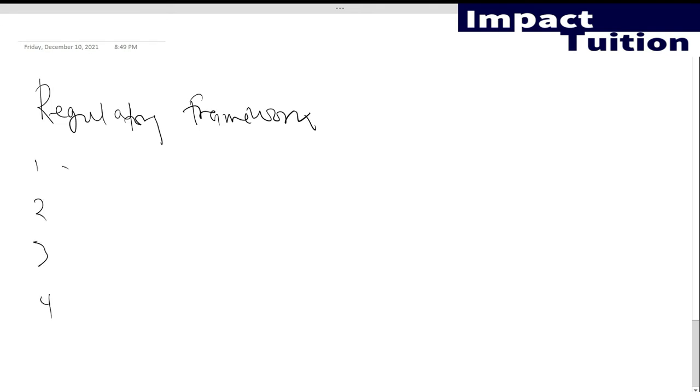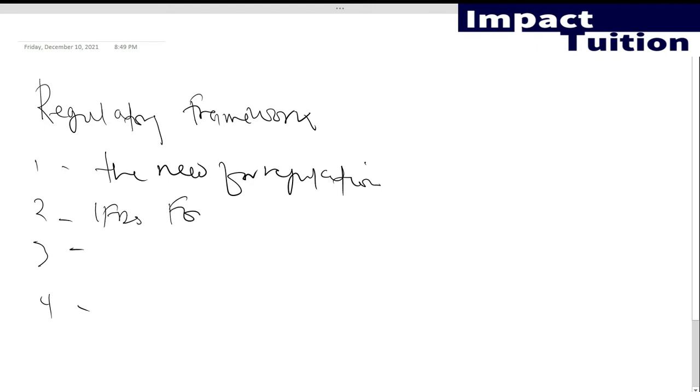So let's look at an overview of what we'll be looking at today. We'll first talk about the need for regulation. Then we'll look at the IFRS Foundation and the IASB.